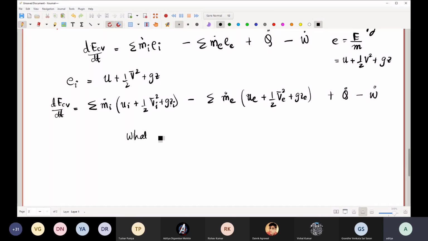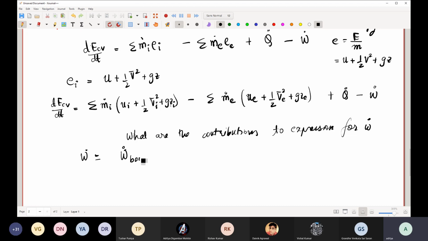What are the contributions to the expression for W dot? So W dot we have already seen is W dot boundary plus W dot shaft plus there is something called flow work. What is flow work?